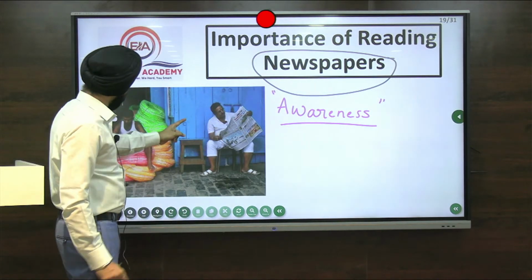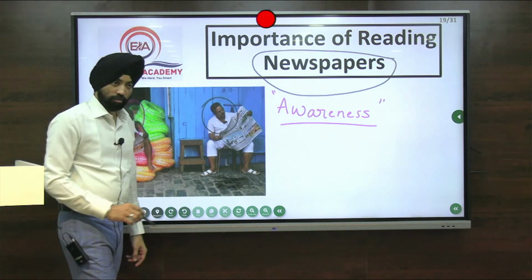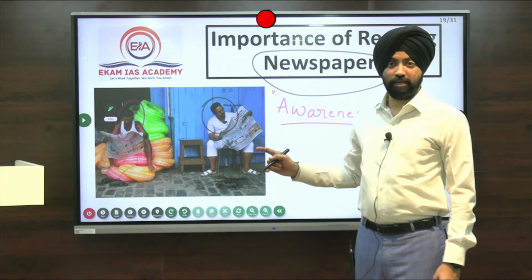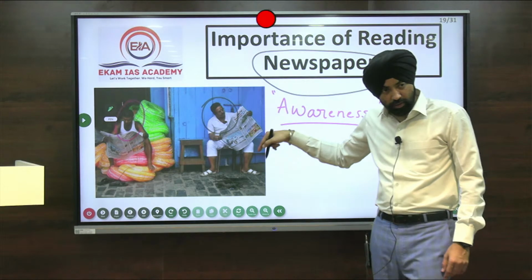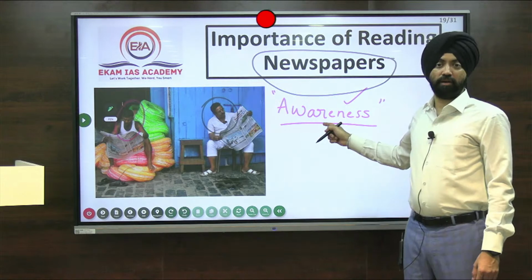See, I am sure these two guys are not preparing for any examination, but the way they are engrossed in the newspaper shows that they are tilted towards awareness levels.